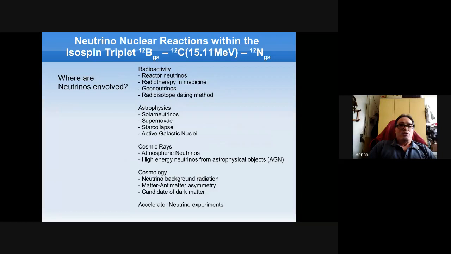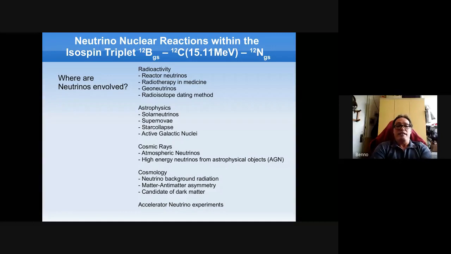And now I'd like to say something about where neutrinos are involved. Well, all radioactivity is involved with the weak interaction and with neutrinos. Of course, reactor neutrinos I have told about, but radioactivity is used in radiotherapy and medicine. We have geoneutrinos, we have the natural decay lines of uranium and thorium.